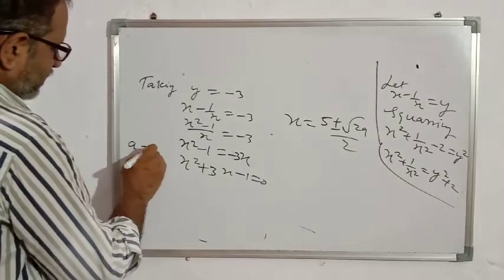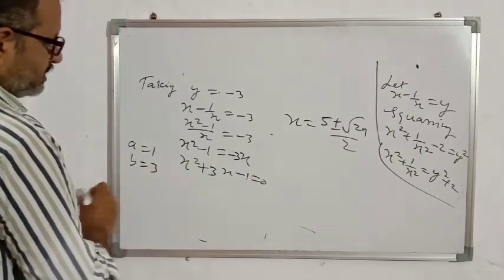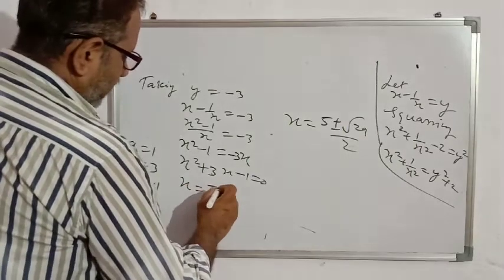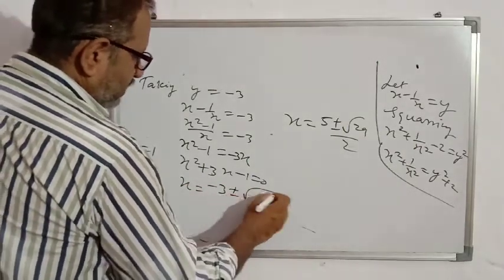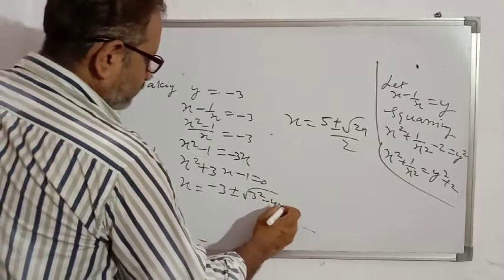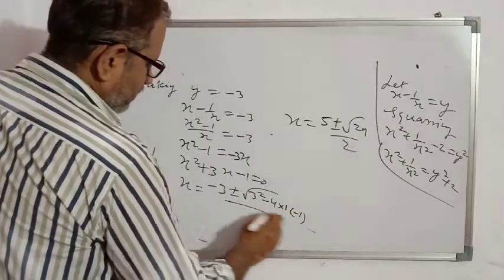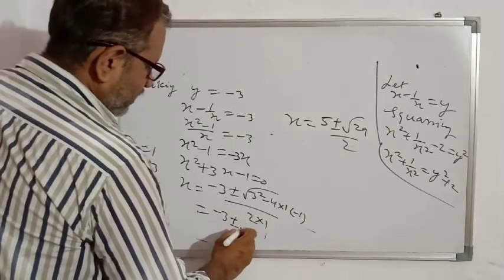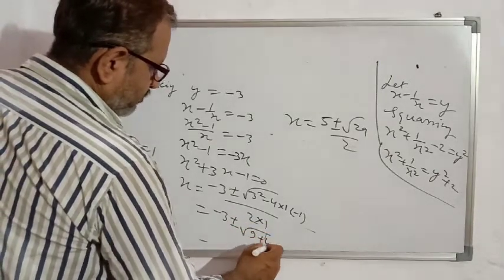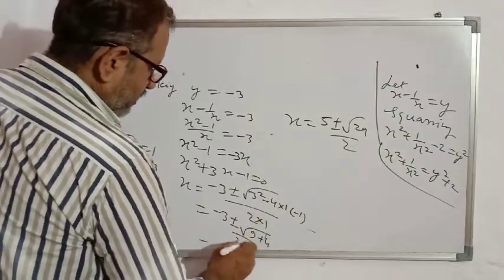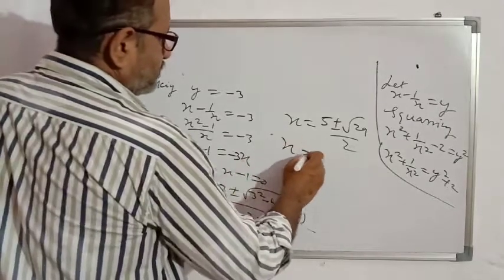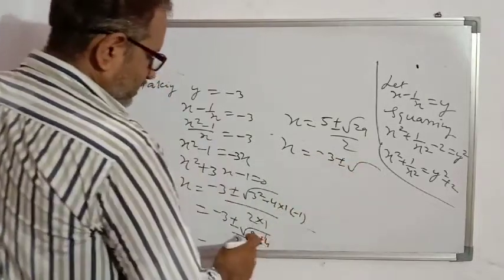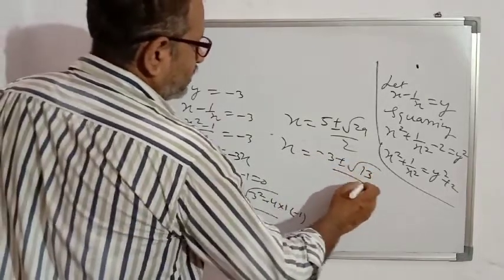What is a here? a is 1, b is 3, c is minus 1. x is equal to minus b, minus 3 plus minus root of 3 square minus 4a into minus 1, by 2 into 1. Minus 3 plus minus root of 9 plus 4, by 2. So x is equal to minus 3 plus minus root 13 by 2.